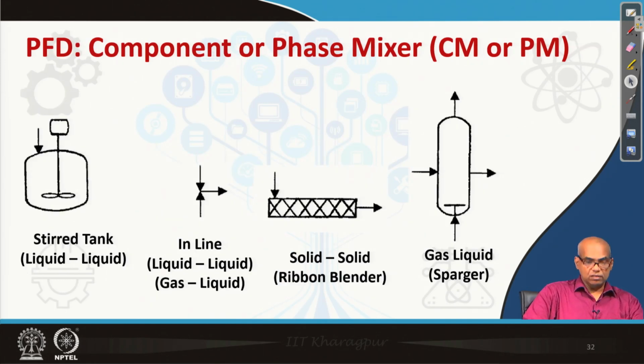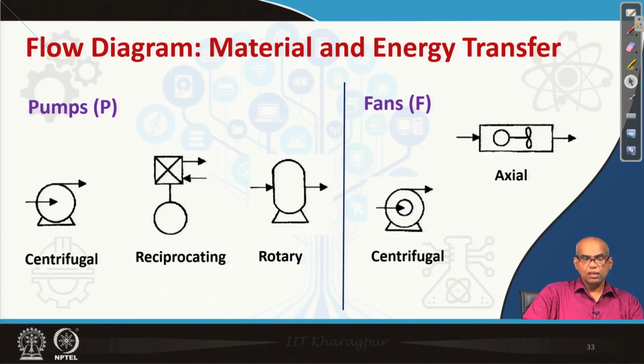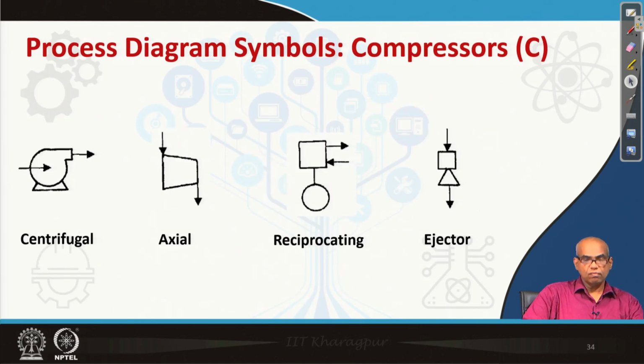Component or phase mixer such as stirred tank, inline mixer, solid ribbon type blender, gas liquid sparger. Several pumps such as centrifugal pump, reciprocating pump, rotary pump. Fans such as axial fans, centrifugal fans. Several compressors: centrifugal, axial, reciprocating, ejector.